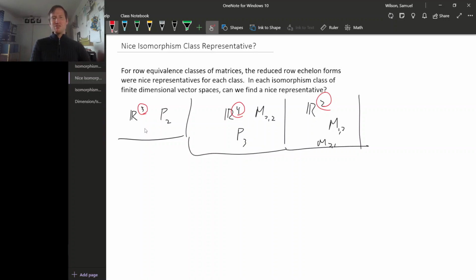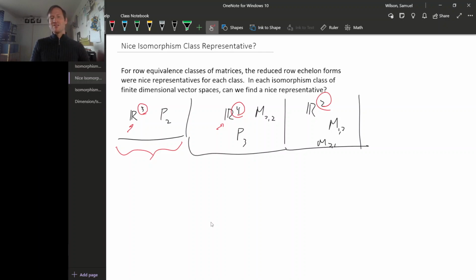What we need to do is come up with some characterization of what are the other vector spaces in an isomorphism class, along with, say, this Euclidean space or that Euclidean space. Also, we might wonder, not only are there any equivalence classes with two Euclidean spaces in them, we have to wonder if there are any isomorphism classes that don't have any Euclidean spaces in them.